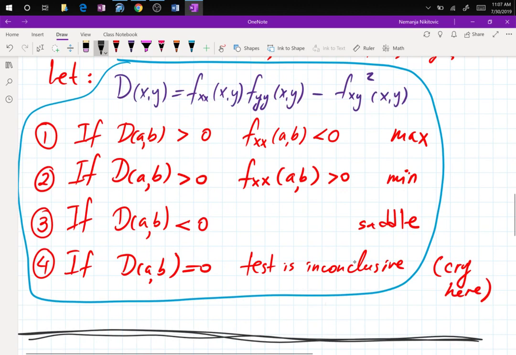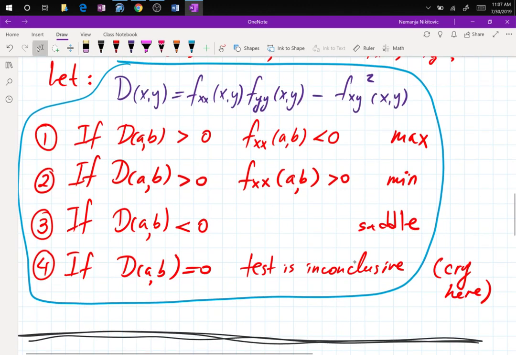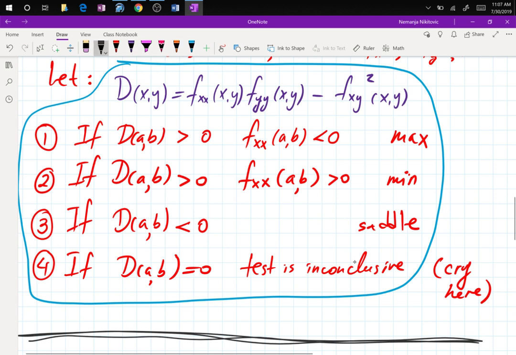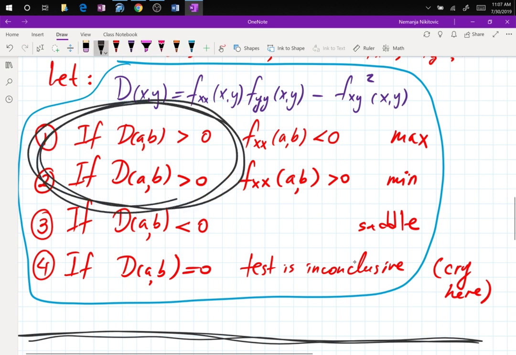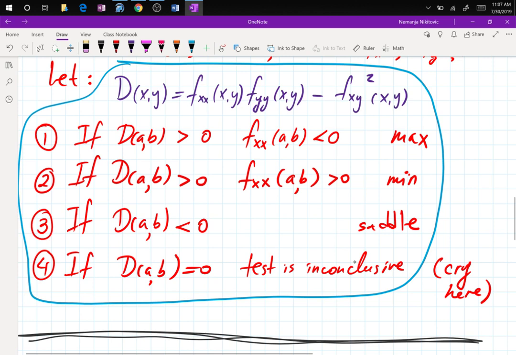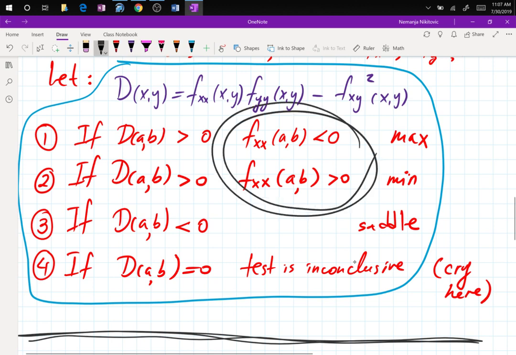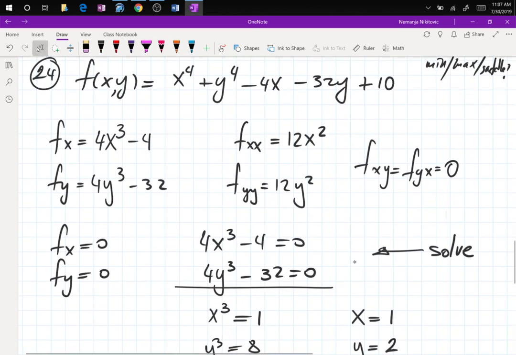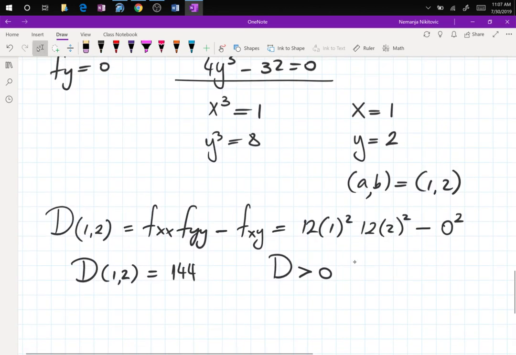Now if you go over here and you take a look at D larger than 0, then the point that we are looking at is either a max or a min. That's the first two cases. So now your fxx is either larger or smaller than 0. fxx is 12, so fxx is larger than 0.